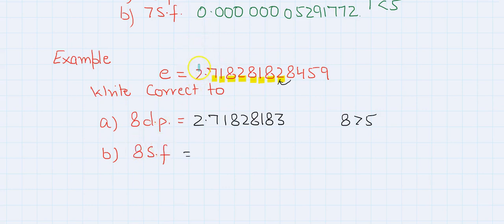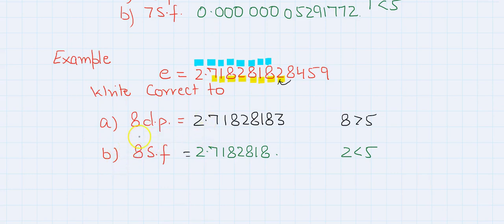We start with the non-zero: 1, 2, 3, 4, 5, 6, 7 and 8. Our 8th number is 8. So we have to check the next number, that is the 9th number, that is 2. 2 is less than 5, so it's not going to affect 8. So the answer will be 2.7182818.